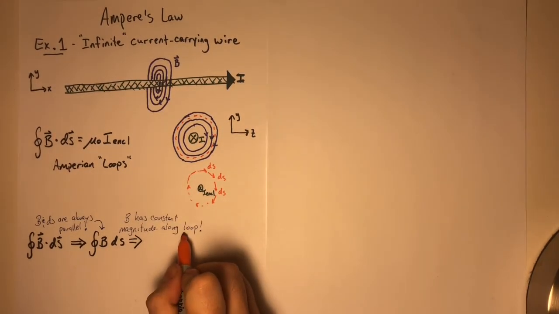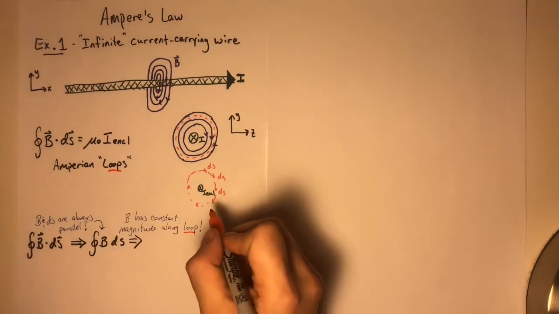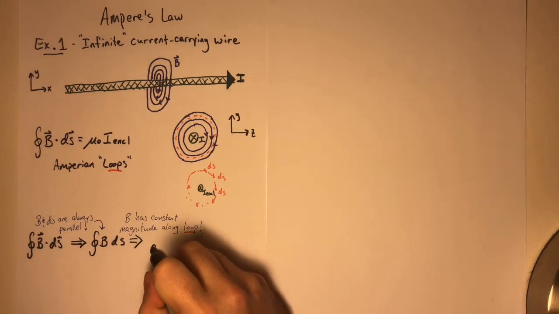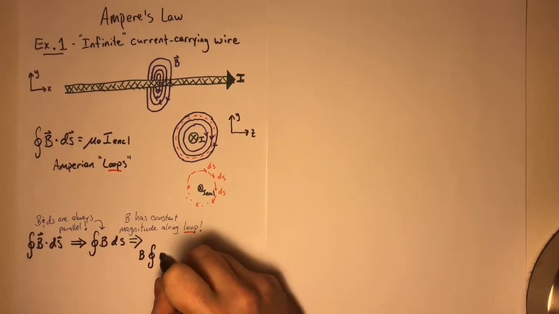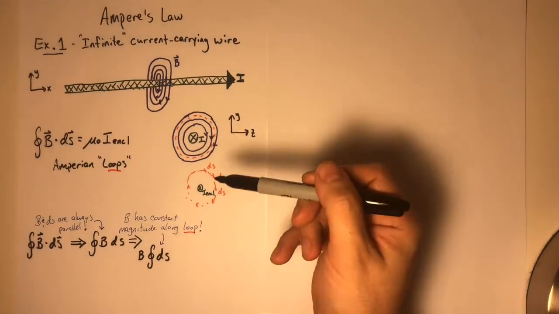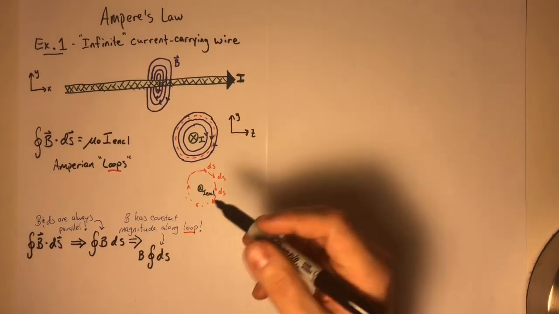And here, of course, loop means this guy right here. And finally, we note that this loop is simply a circle.